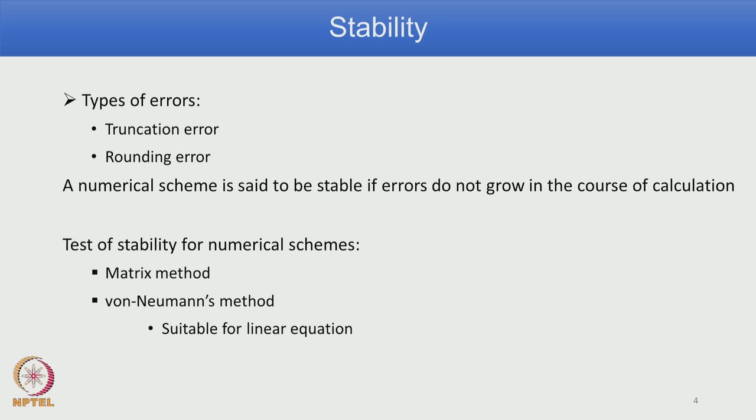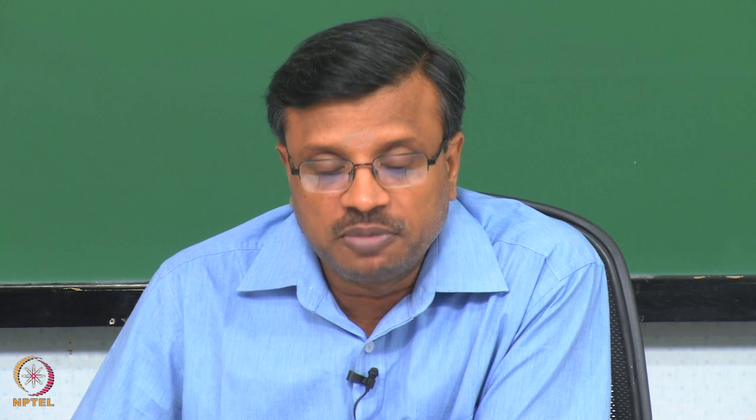As I mentioned last class, this von-Neumann method is particularly suitable for linear equations, but most of the equations used in practical simulations are nonlinear in nature. Locally you can linearize and apply the von-Neumann method. So, there is a limitation in applying the von-Neumann method to a practical nonlinear problem.